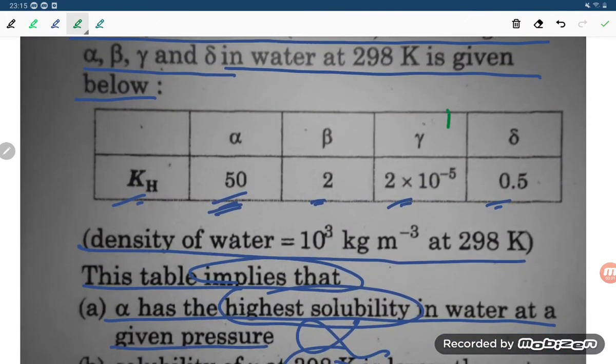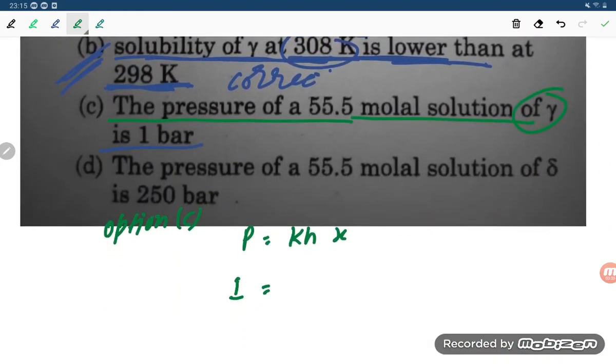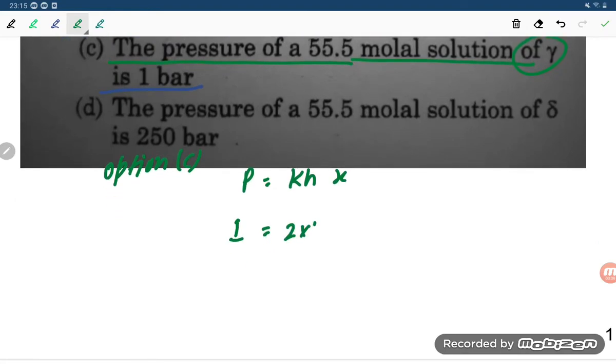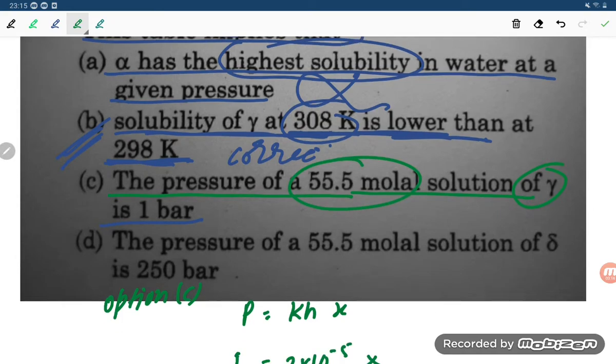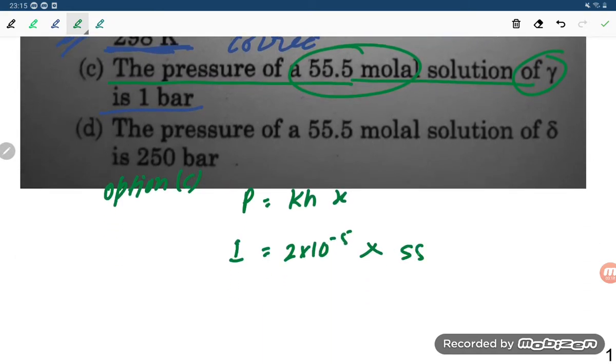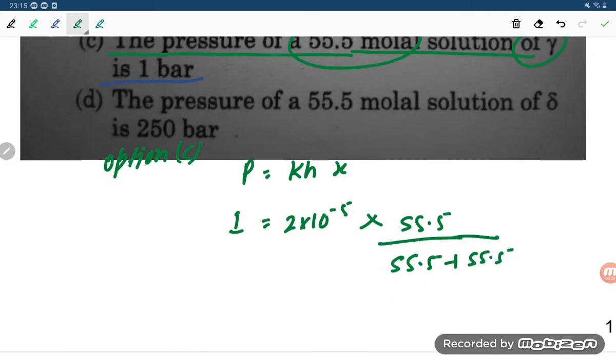So KH for gamma is 2 into 10 power minus 5. For X, 55.5 molar means 55.5 upon the total moles, 55.5 plus moles of water, that is 55.5.